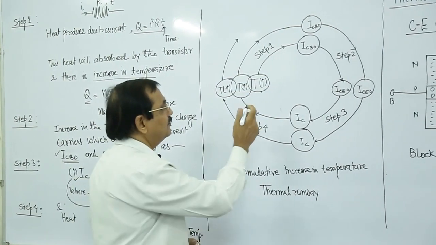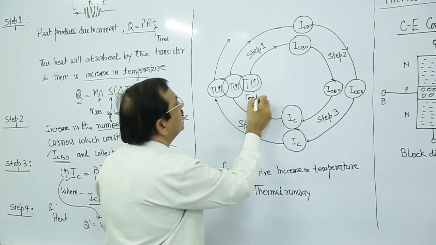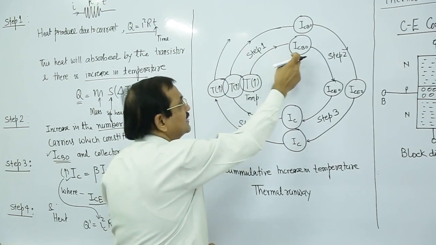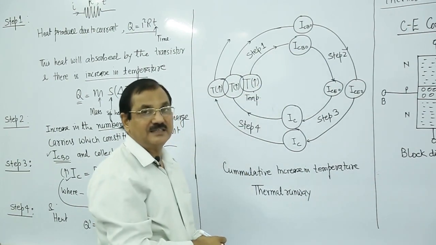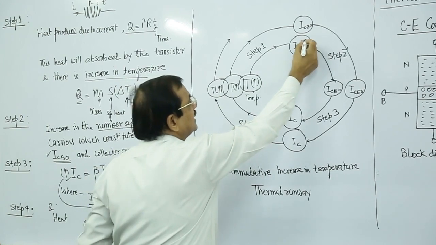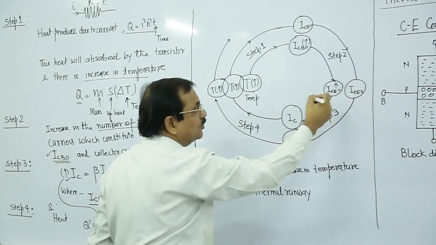In this diagram, this is the temperature. If the temperature increases, this will increase the minority charge current, so ICBO will increase, and this will increase ICEO.